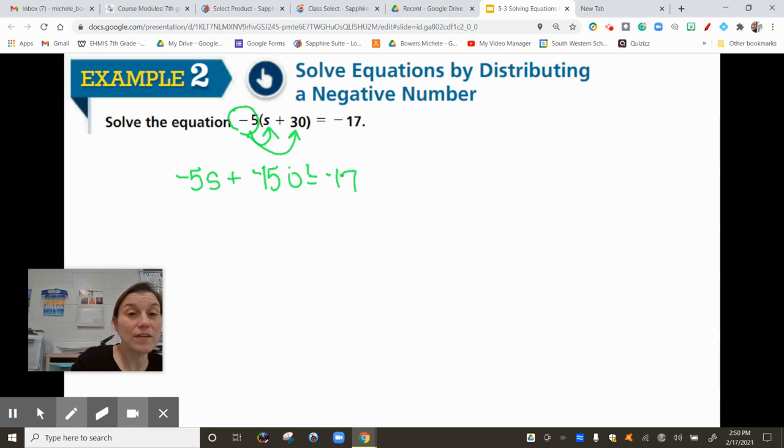So when I go to solve this, I have to be careful, because I'm adding a negative. So to get rid of adding a negative, I can subtract a negative 150 from both sides. So if you understand that, you should. But another way to do it is, since this is a negative 150, to get to 0, because I want to get rid of that term, I would add 150 to both sides.